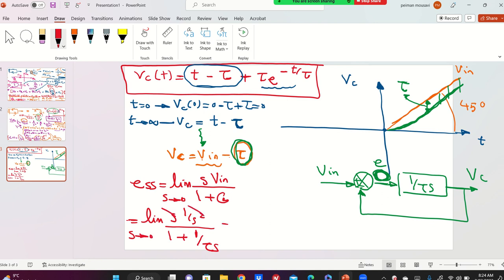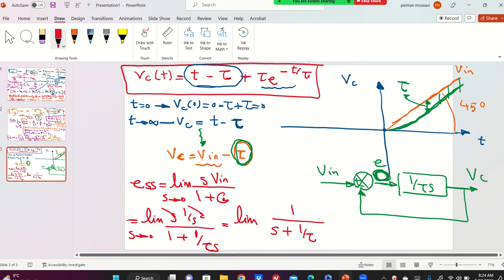This simplifies to 1 over s plus 1 over tau. When you put s equal to 0, 1 over (1 over tau) is tau. Bingo. We found that.